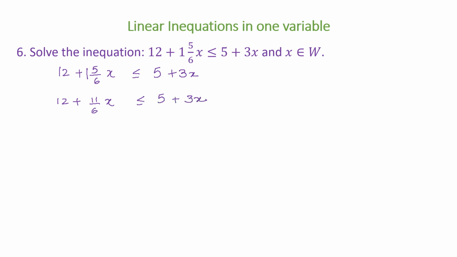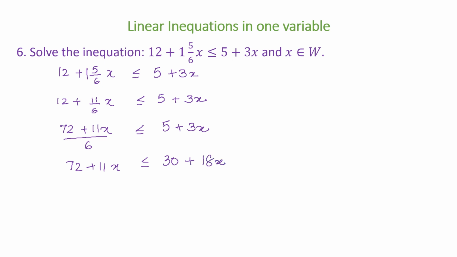I'll take the LCM on the left hand side. That will give me (72 plus 11x) divided by 6 is less than or equal to 5 plus 3x. I will take the denominator to the other side. So that will give me 72 plus 11x is less than or equal to 30 plus 18x.